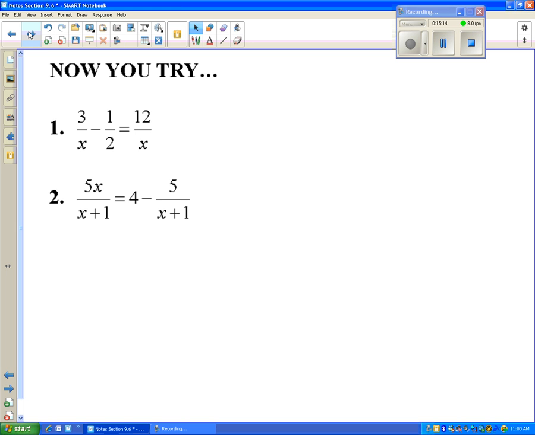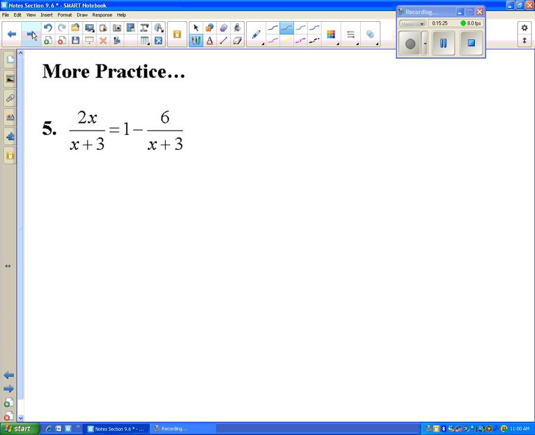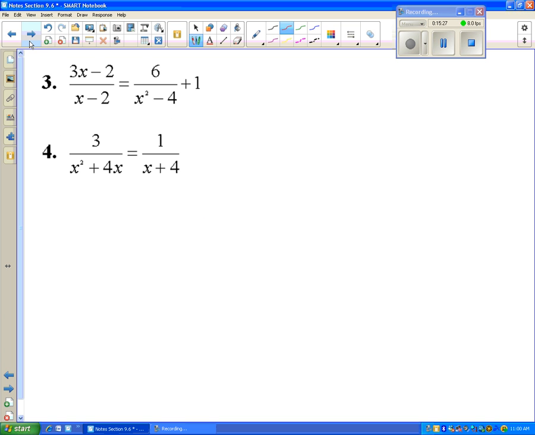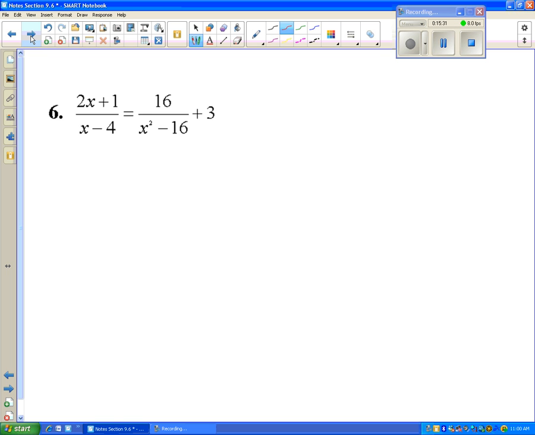I could not cross multiply number 1 or number 2 because it's not a fraction equal to a fraction. A fraction is equal to a binomial. Here I could not cross multiply. Number 4 I could cross multiply if I wanted to. Number 6 I could not cross multiply.